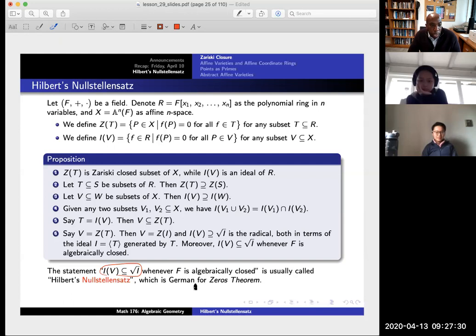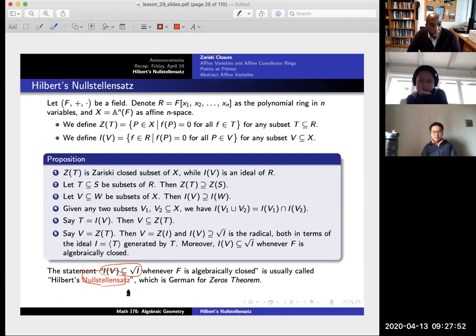One of the fundamental theorems that he proved was about how the set of zeros of a collection of polynomials is related to different rings. Of course, because David Hilbert was German, you have this theorem, the Nullstellensatz, which literally means the zeros statement, so the zeros theorem.